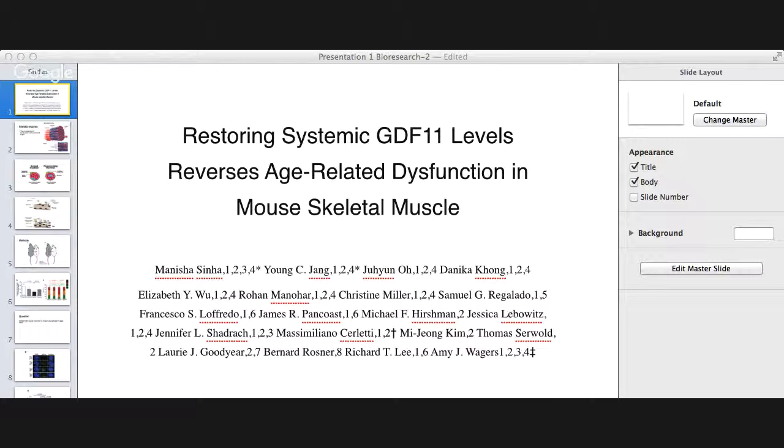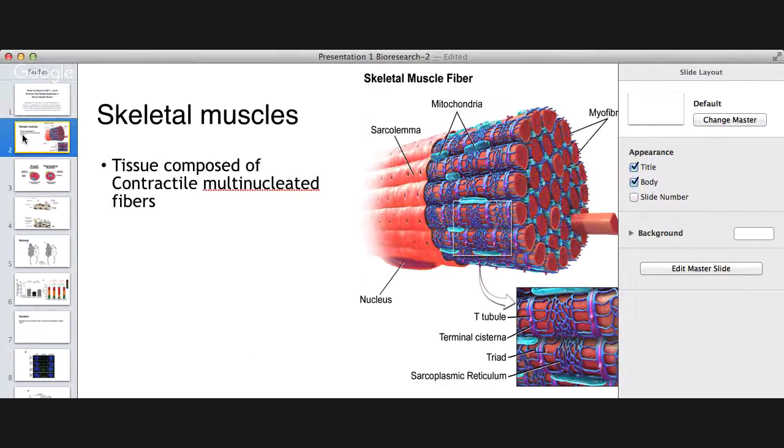Obviously, the muscles are tissue comprised of multi-ligament fibers. So we're using these muscles to actually analyze the progressive stages in aged mouse and unaged mouse and their effects within.